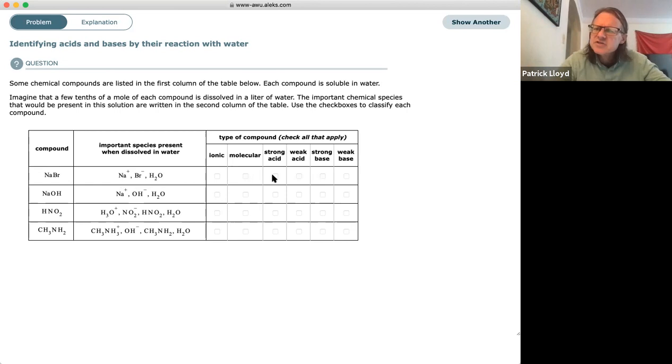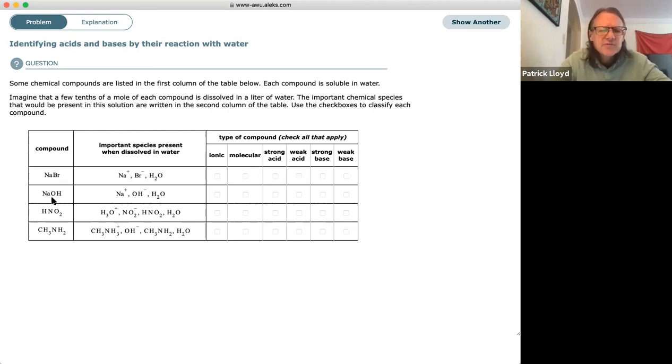So if it's not an acid or a base, then we wouldn't check any of these over here. It's actually a salt if you think about it. If you take sodium hydroxide and hydrochloric acid or hydrobromic acid, you'll get sodium bromide as your salt. But no hydroxide, no hydronium, no hydrogen ion, it can't be an acid or a base. In order for something to be an acid or a base, you've got to have some hydronium, some hydroxide.